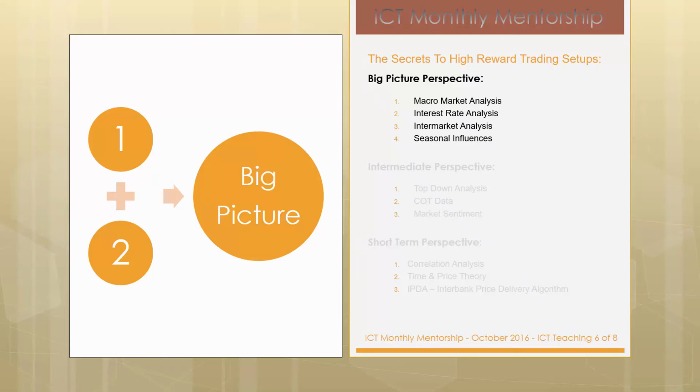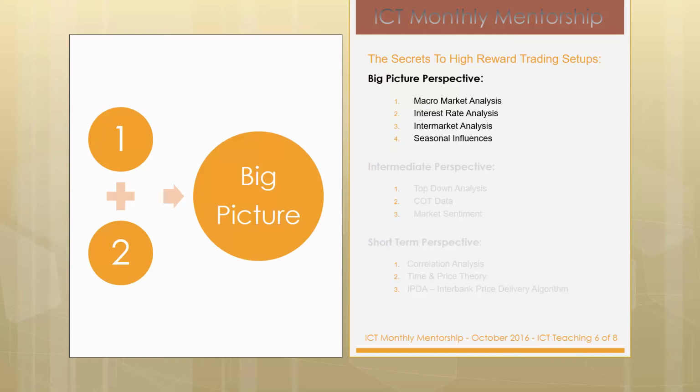But you do need to have 2 of these components to arrive at your big picture perspective, okay? In other words, our grand scheme of things, our big picture perspective, is going to be defined by at least 2 of these areas of study. They have to come into agreement. It doesn't matter which of these 4 that you elect to subscribe to, but they have to come in agreement.